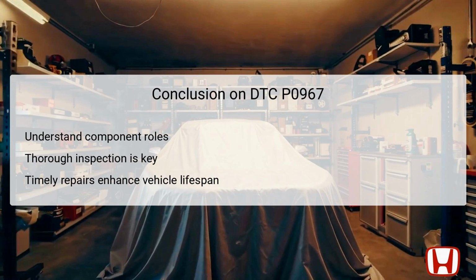Taking proactive steps not only minimizes the likelihood of DTC recurrence, but also enhances overall vehicle performance. Timely repairs and regular preventive maintenance are essential for prolonging the lifespan of the Honda Civic's transmission system, providing drivers with a reliable and smooth driving experience.